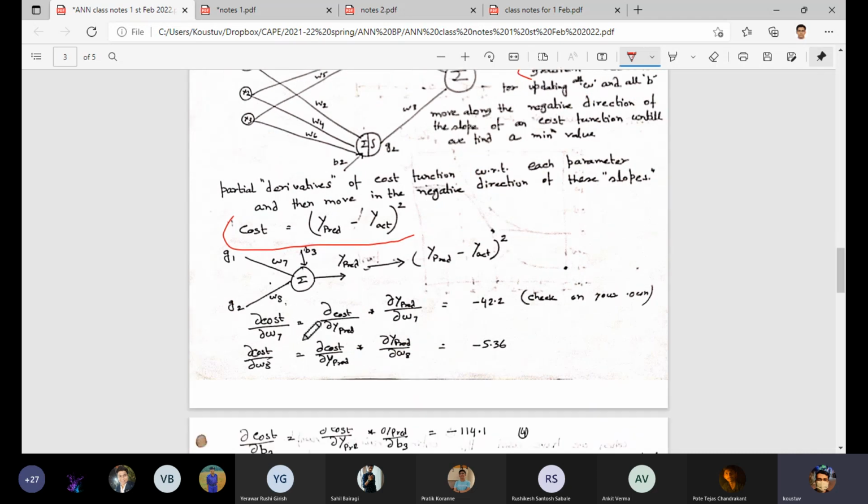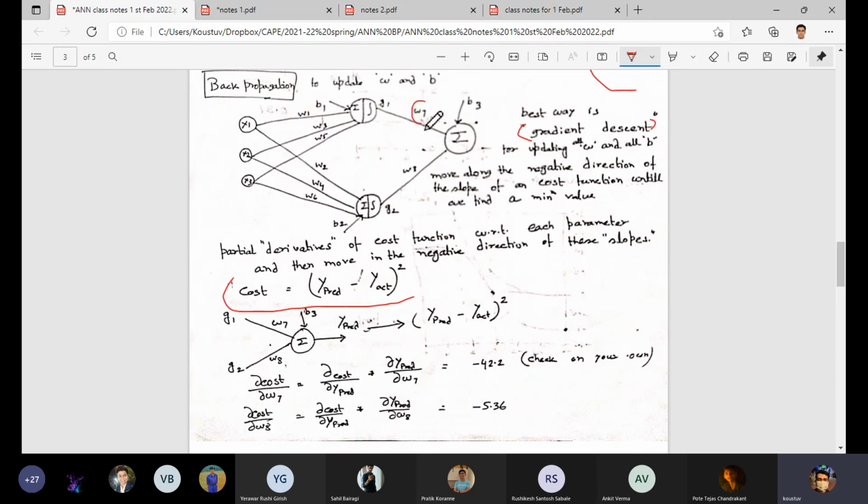This calculation is the major chunk of calculations, and we will see just for these examples, we have done it actually for all. First, take the weight W7. With respect to W7, we will calculate del cost del W7. Can we do that directly?